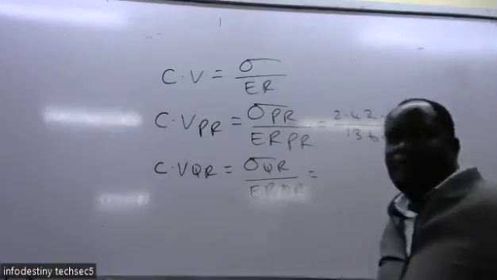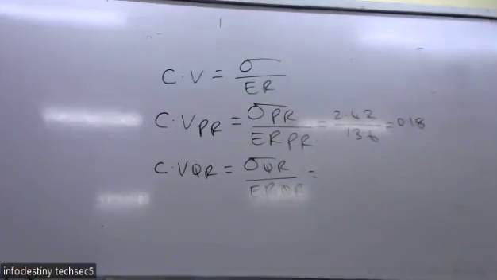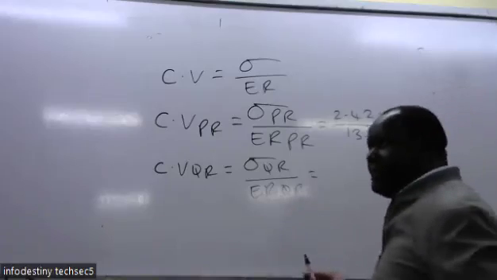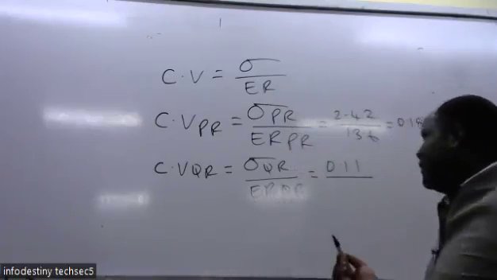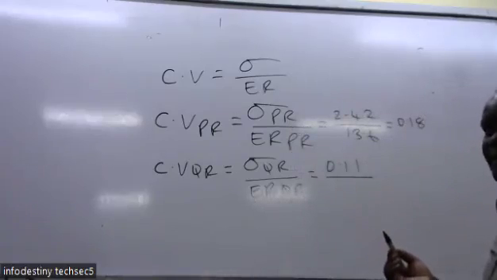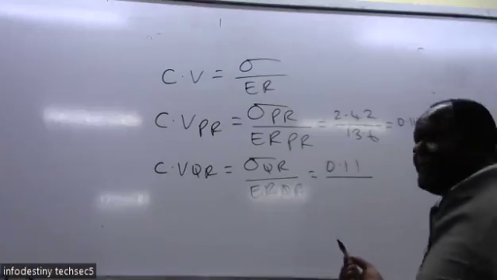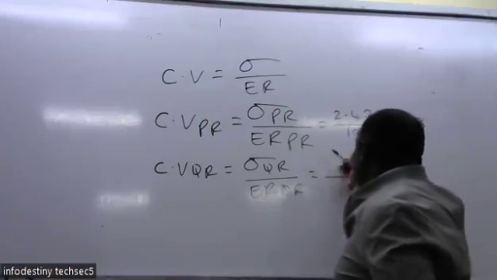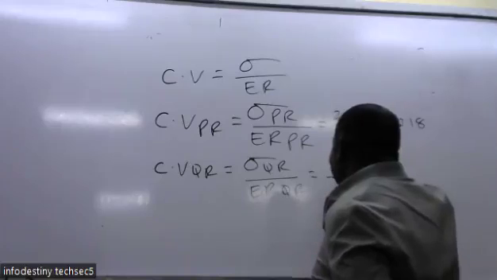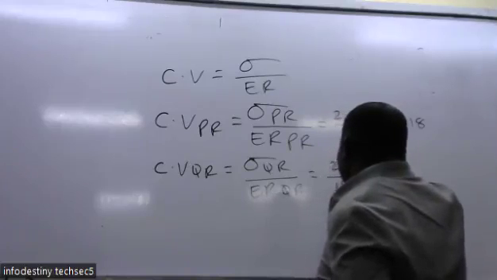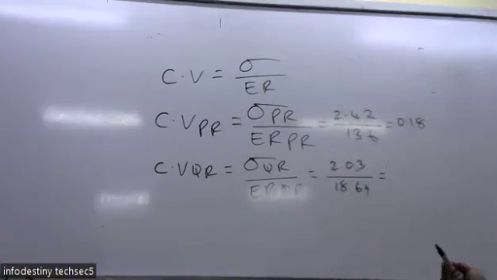The standard deviation is 2.03, and the expected return is 18.69. That gives 0.11.